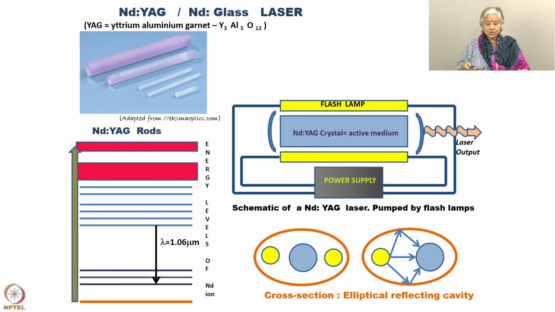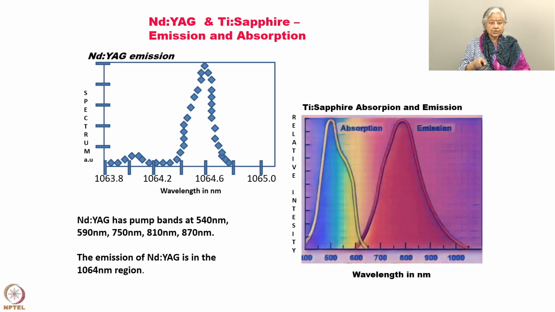Now, let us go to the emission and the absorption. I want to know which bands, which wavelengths, are absorbed in order for the ion to move up to these pump band levels. Focus your attention on this diagram, the Nd:YAG emission picture.